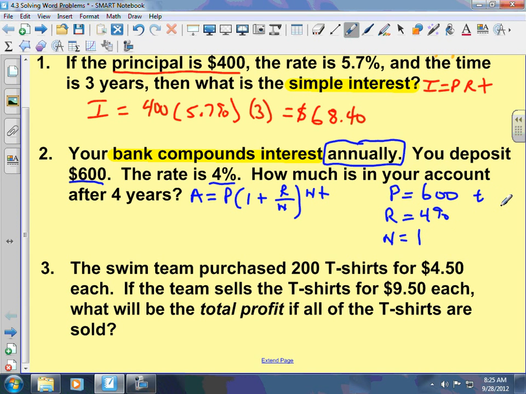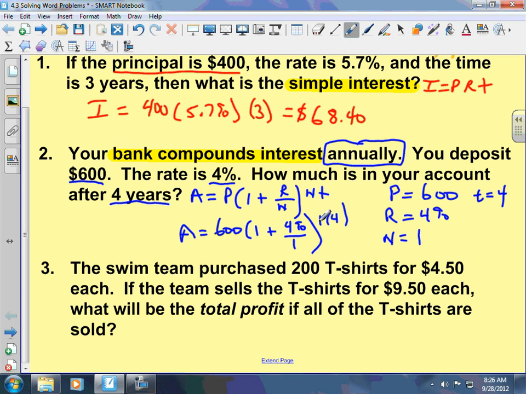T is time in years. T is your years, that's 4. Okay, so now we just plug this in. A equals, my principal is 600 times 1 plus 4%, don't forget your percent, over 1, all raised to the 1 times 4.